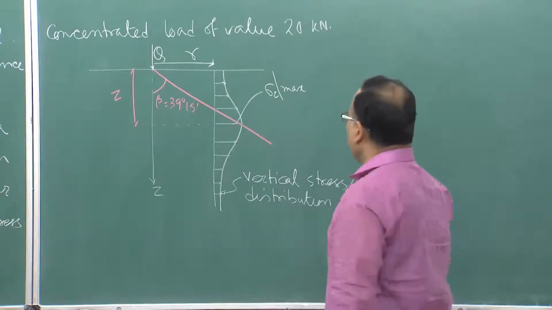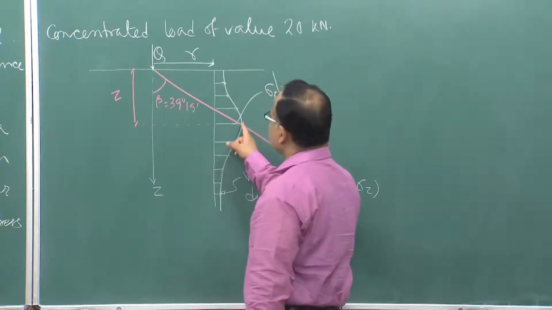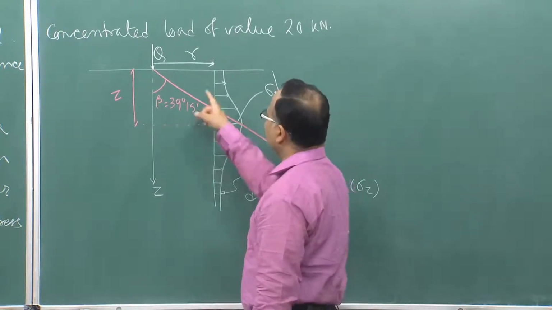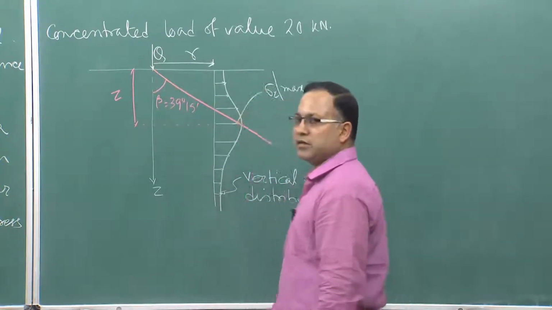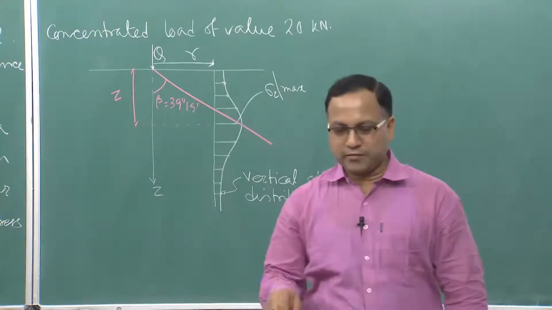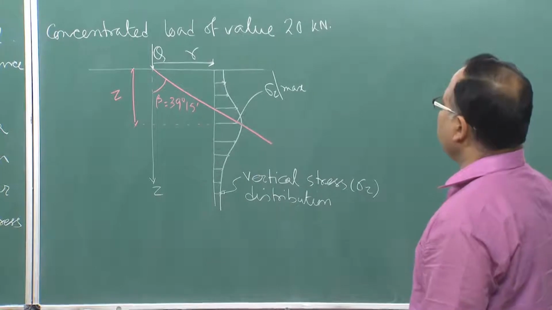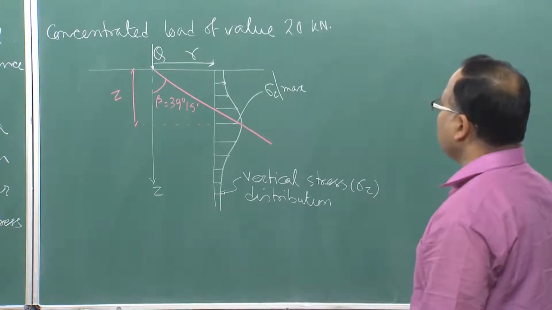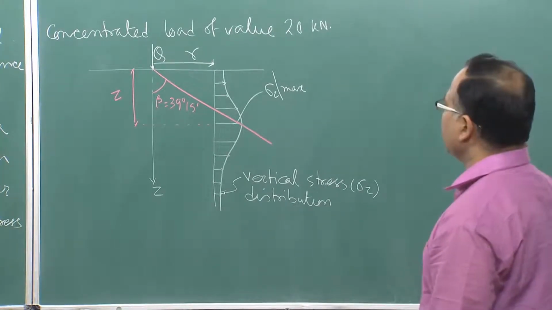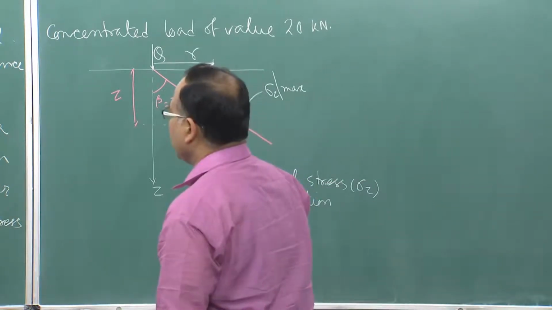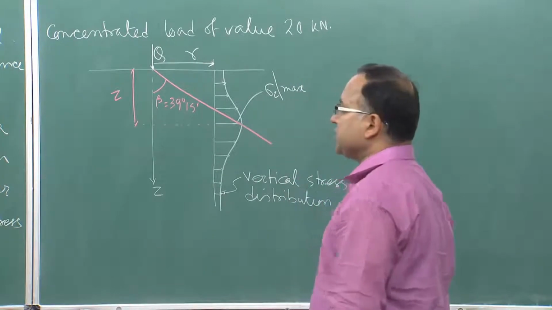So, you have to prove that this beta angle is 39 degree 15 minute. That means, the point where the maximum vertical stress is coming, if you connect that point with the point where the concentrated load is acting, this line will be making an angle beta, which is equal to 39 degree 15 minute with the vertical axis. And what will be the value of shear stress at the point?